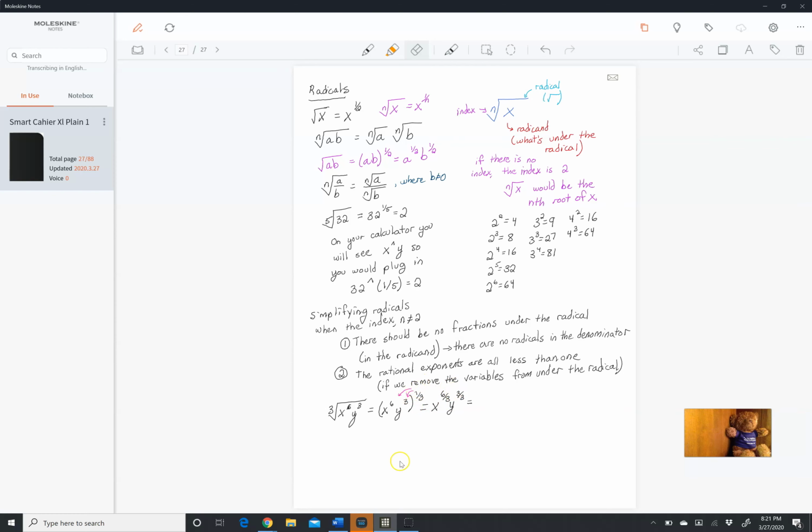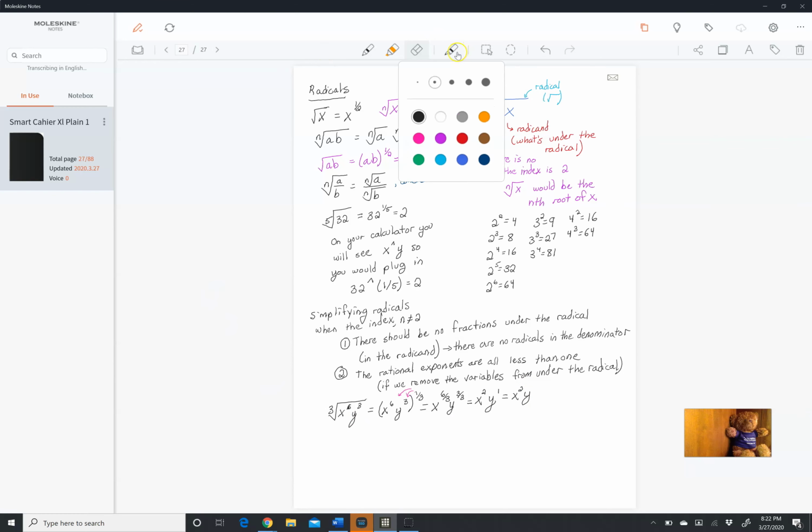You multiply the numerators and you multiply the denominators in a fraction. So 6 over 3 is just x squared, and 3 over 3 is y to the 1st. I'm going to put in the 1, but remember, we don't really need the 1. So if we want to be 100% correct in the math, we would write the y without the power. And you can go straight from this step to this step.